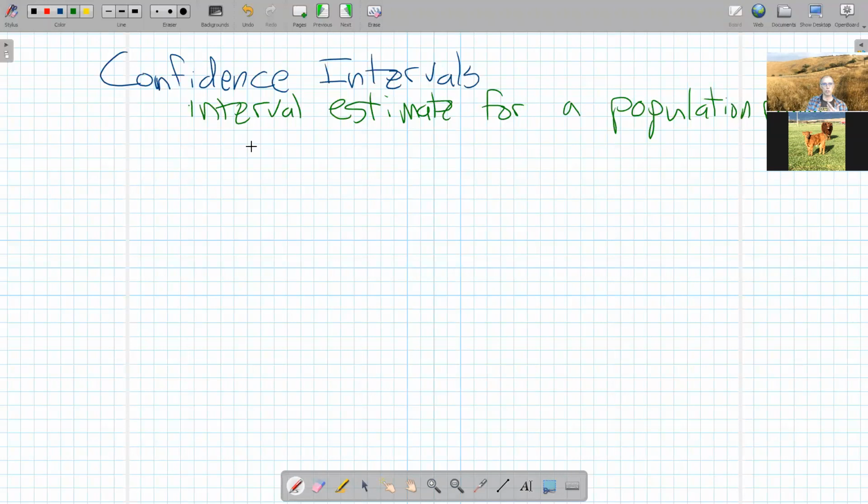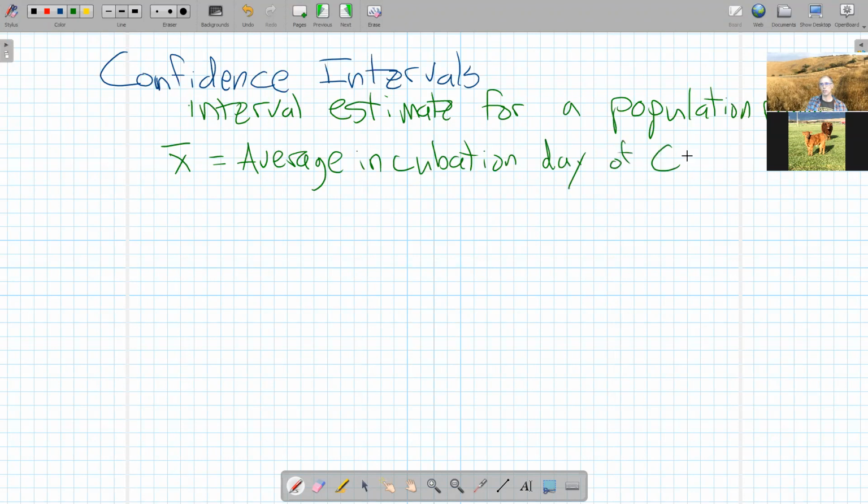In response to, say, a point estimate, I sent out a note earlier about the incubation time for COVID-19. So if I say x bar is the average incubation time, let's be more specific than time and call it days of COVID-19. There have been several studies on this.